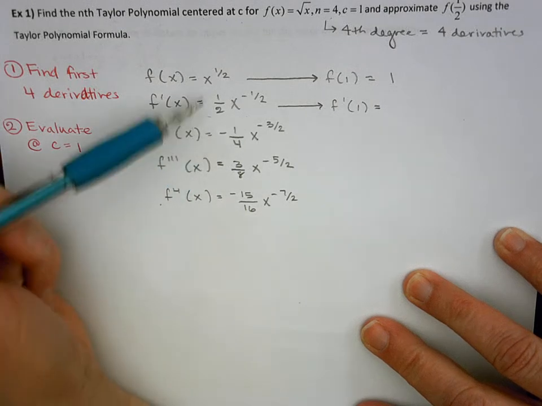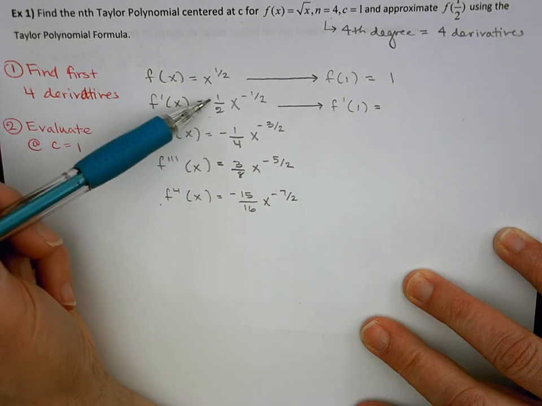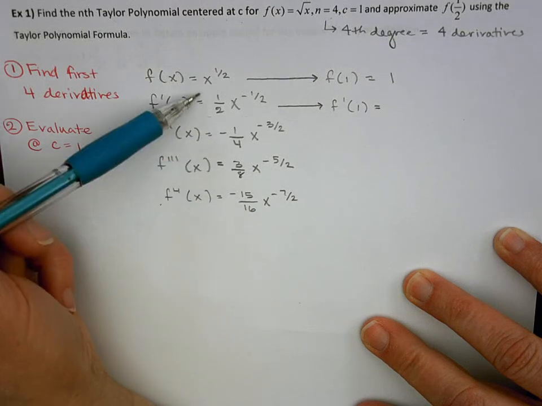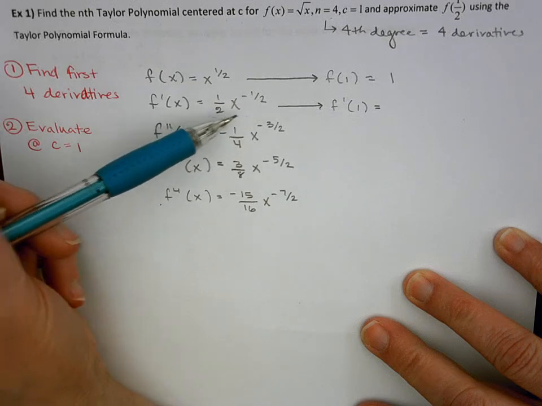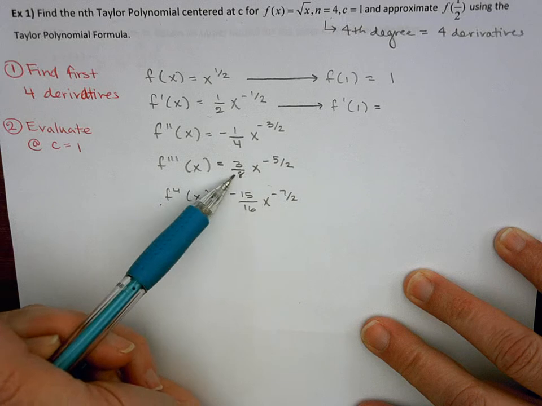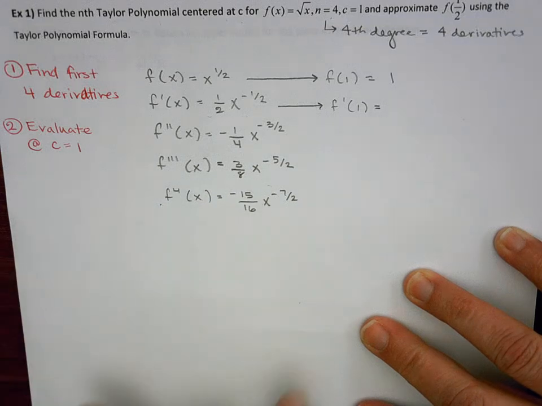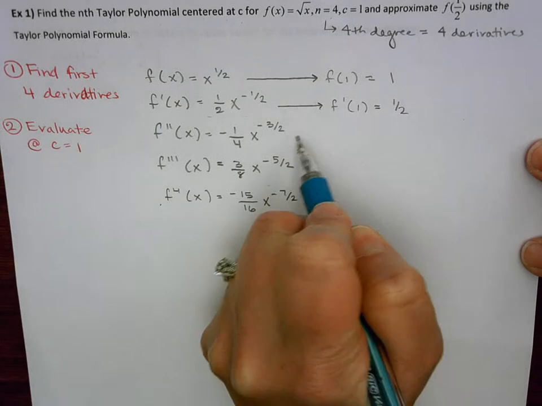I can see all the way down, because x is equal to 1, that the coefficient is going to be my value. When I replace x with 1, it's 1 times 1/2, 1 times -1/4, 1 times 3/8, 1 times -15/16. So each of these values is just going to be those coefficients.